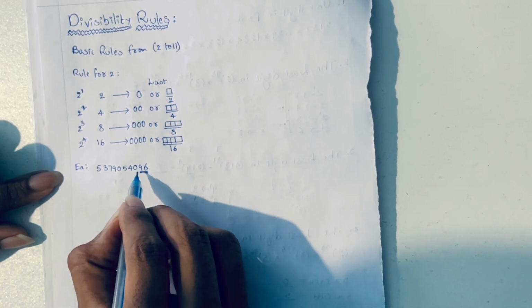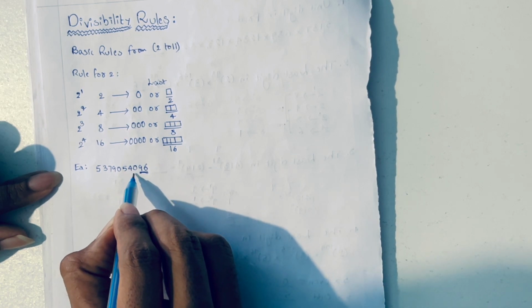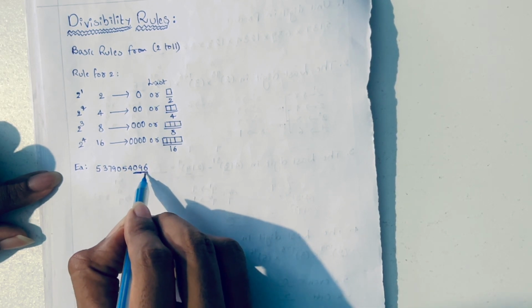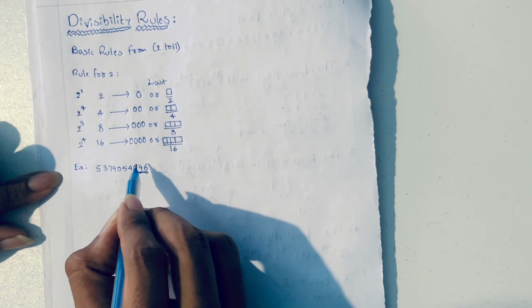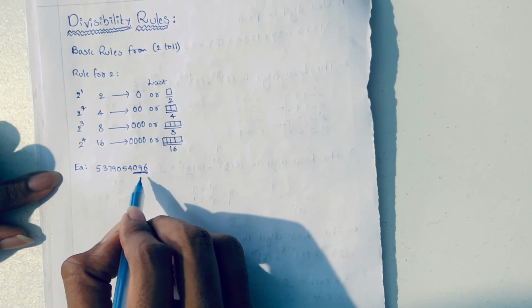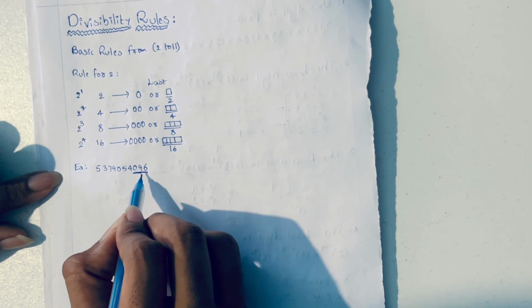And we are just considering if this number is divisible by 8 or not. We are just checking the last 3 digits, 0 9 6, that means 96 only. 8 1s are 8, 8 2s are 16, so 8 12s are 96. So this whole number is divisible by 8.